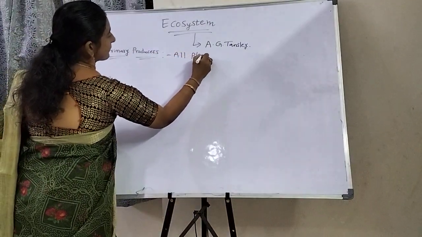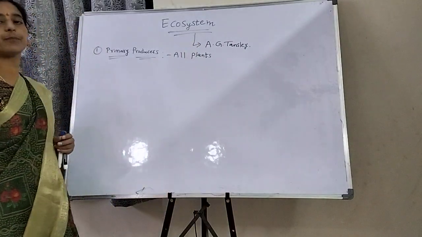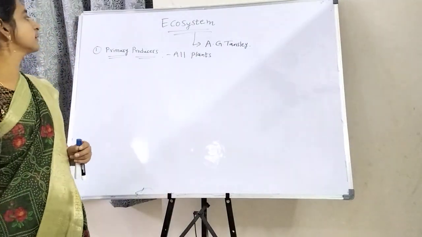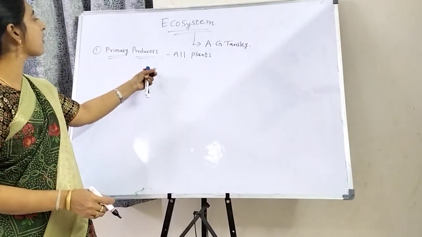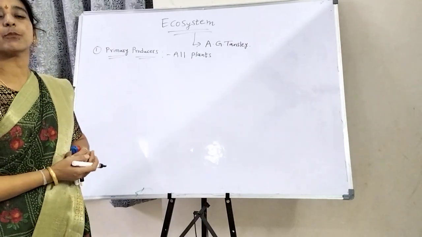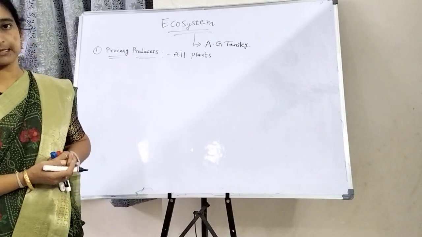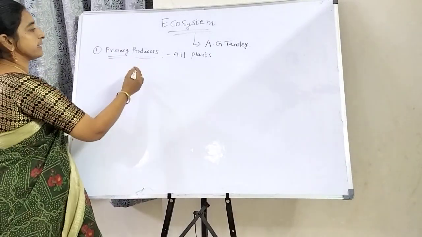all plants, known as primary producers, because they prepare their own food with the help of sunlight by the process of photosynthesis. Photo means light.